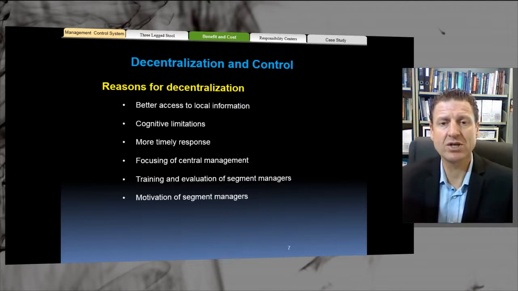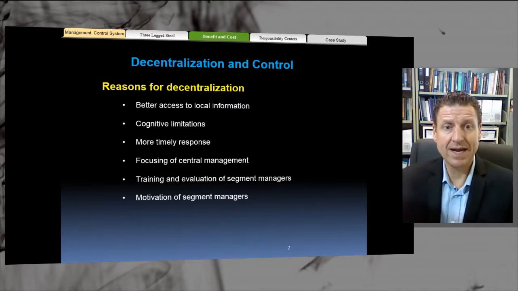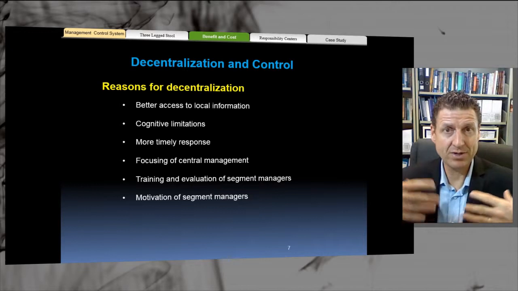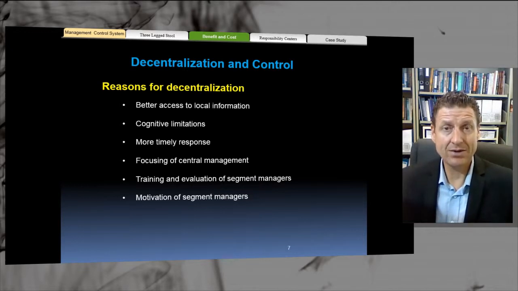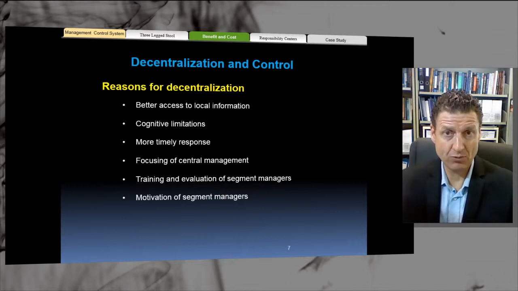Training and evaluation of segment managers. Now, segment managers, because they're able to make more decisions, you can actually decentralize the training. Now you can give them more experience, and therefore they're able to grow and provide more meaningfulness in their job role.